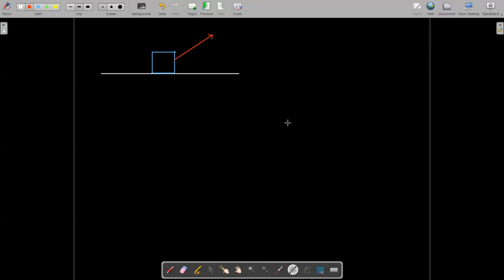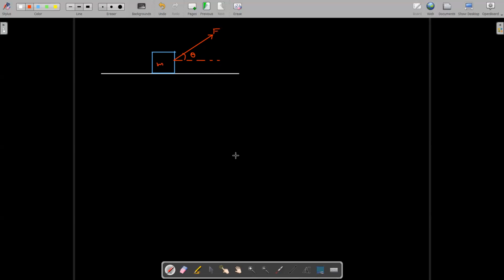This is how the body is being pulled. Okay. And let's say the angle it makes with our x-axis is, let's take it as theta. The angle is theta. The mass of the body is m. Okay. And this is the force applied onto the body.